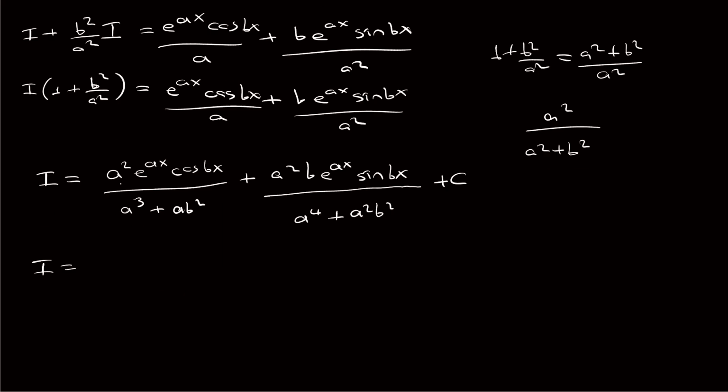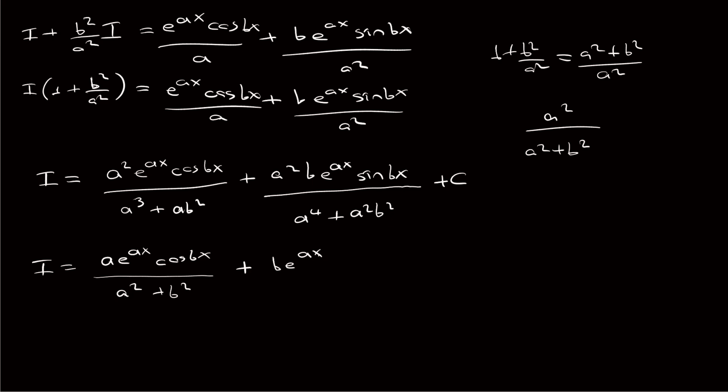I can simplify the a's here and here. This would be a e to the ax cosine bx over a squared plus b squared plus, now I can simplify the a squares from numerator and denominator.